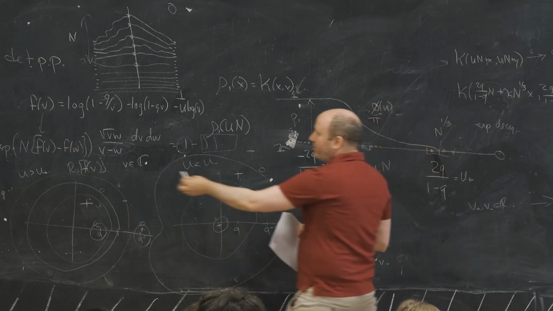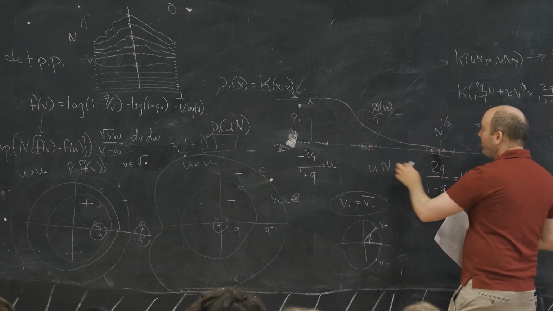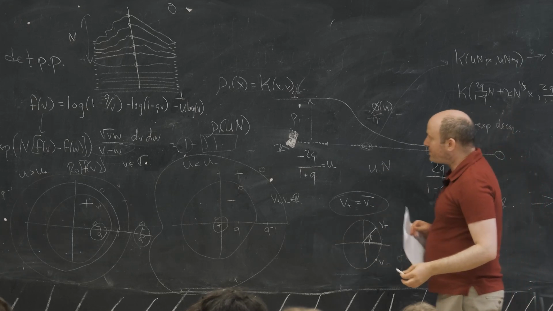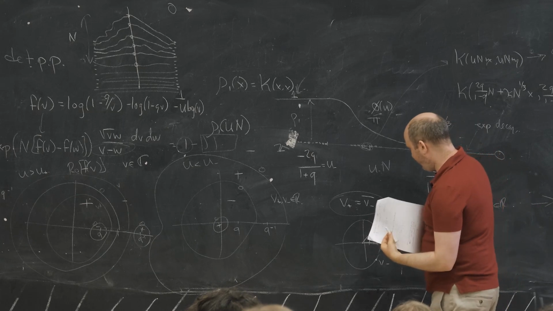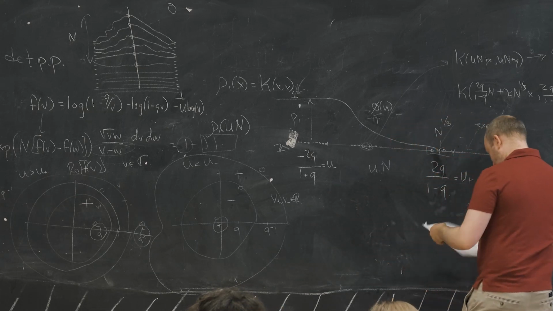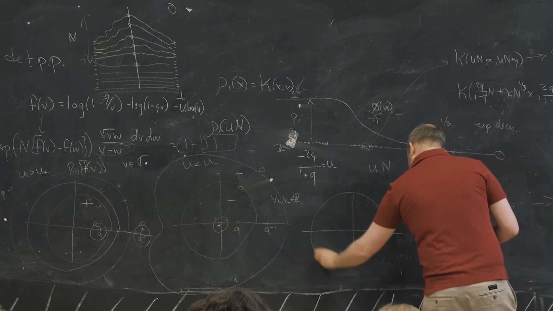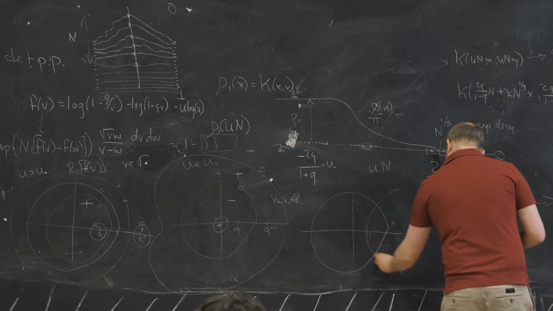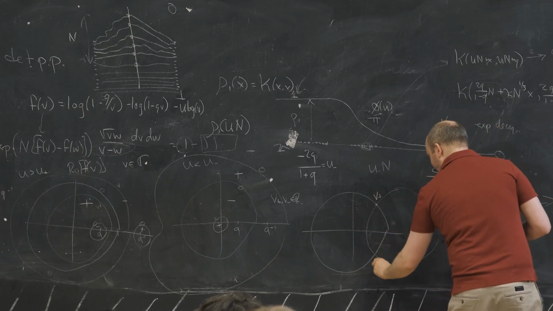When you're in between the two situations, so when u is between u plus and u minus, the picture becomes slightly different. And what ultimately happens there is that your 0 contours end up intersecting at v plus and v minus.